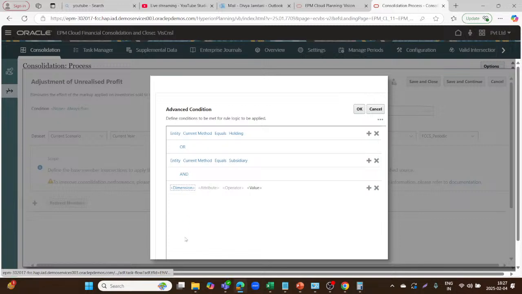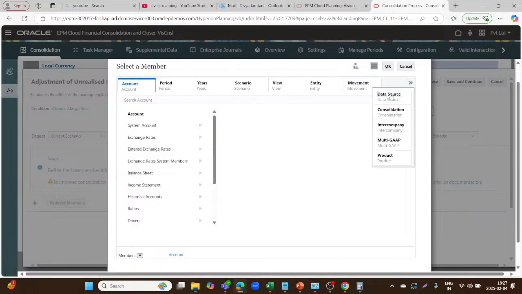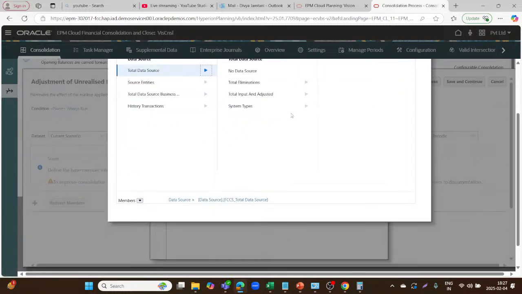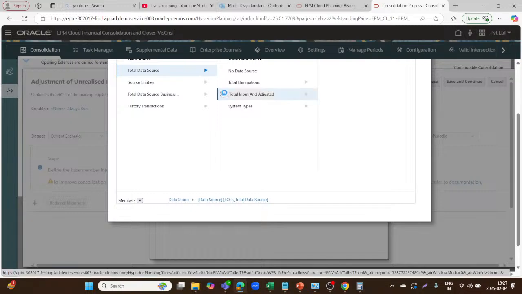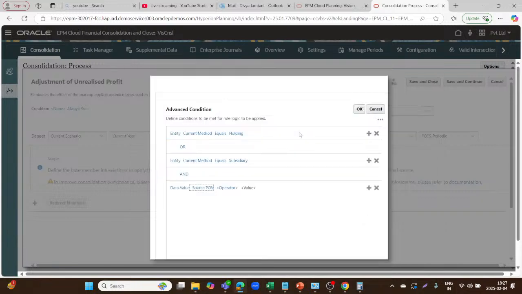and data value, that means the data source value, that is your total, we'll pick total input and adjust it here, does not equal, it is not equal to 0.